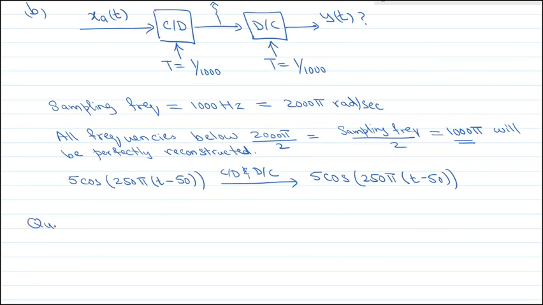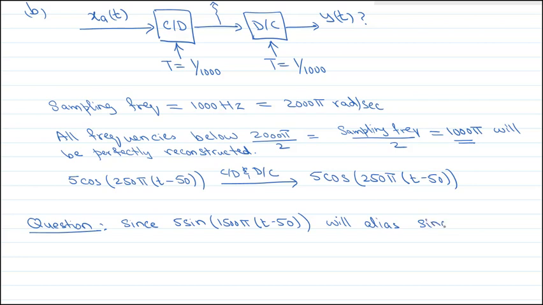So the question we are interested in is, since 5 sine of 1500 pi t minus 50 will alias, since 1500 pi is bigger than 1000 pi, what will it alias onto?